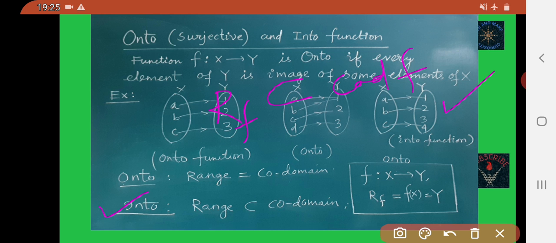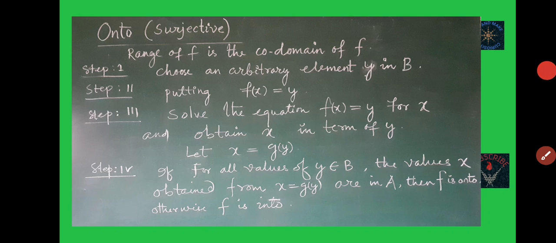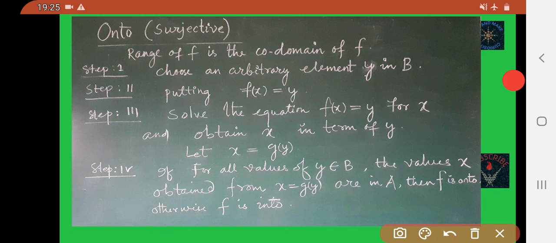Okay friends, next. Now we know how to check onto function. You know that for an onto function, if range of f is equal to the codomain of f, then we say onto function.